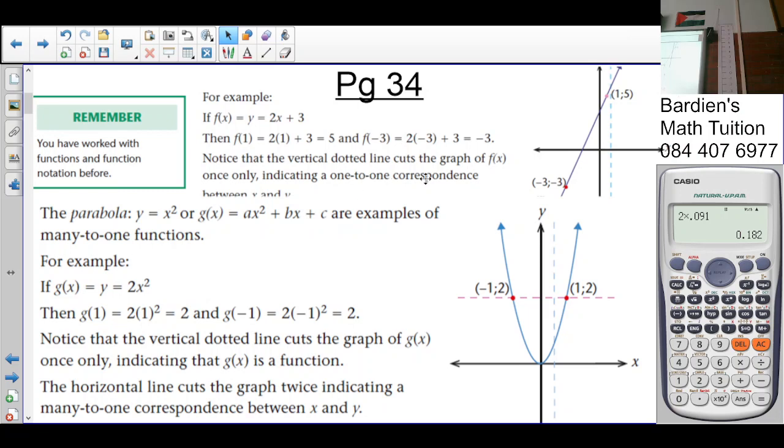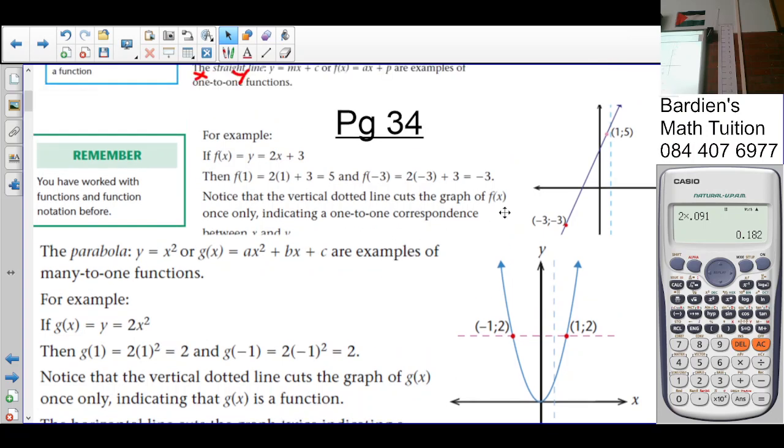Notice that the vertical dotted line cuts the graph of f once only, indicating a one-to-one correspondence. Can you see that, people? If I take my ruler and I move this ruler here, what do you notice? 1x, 1y.